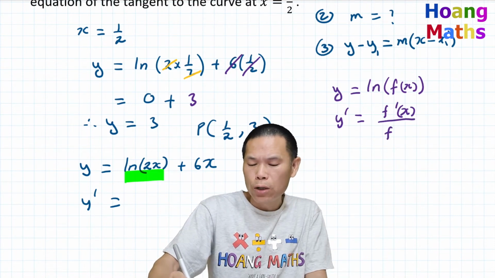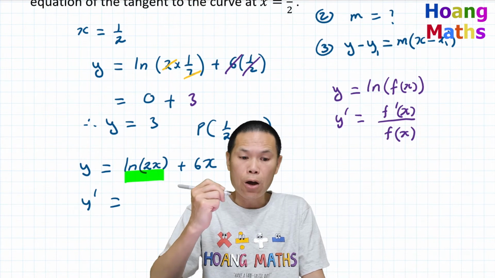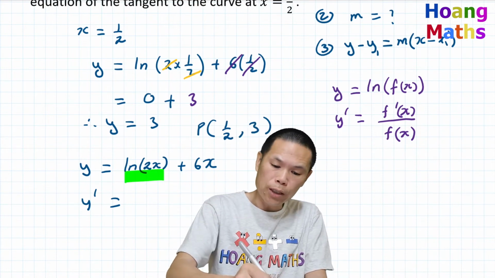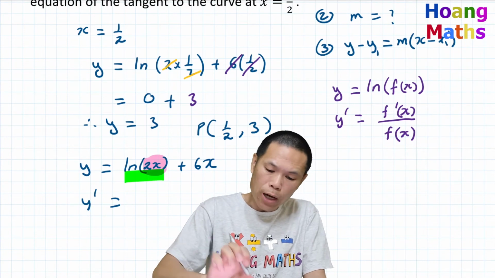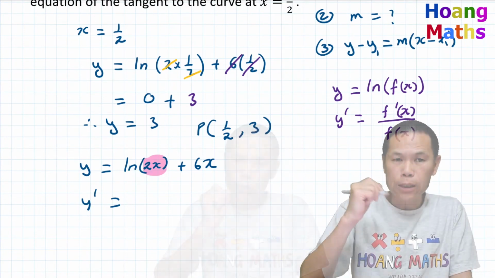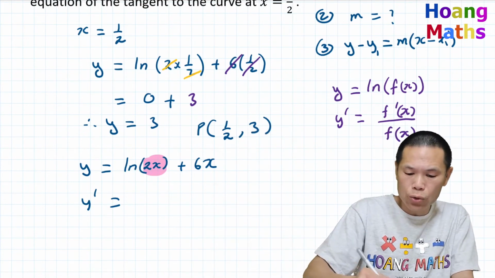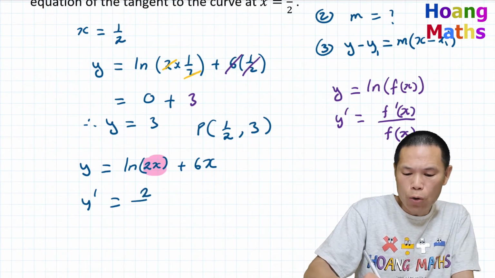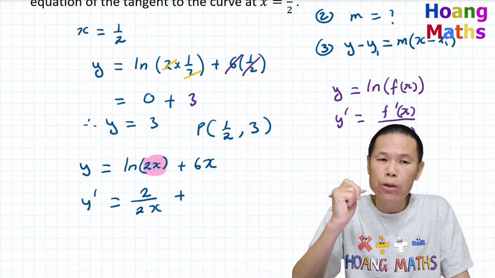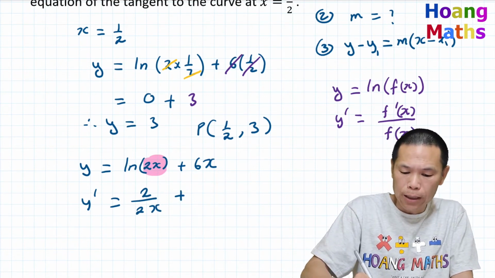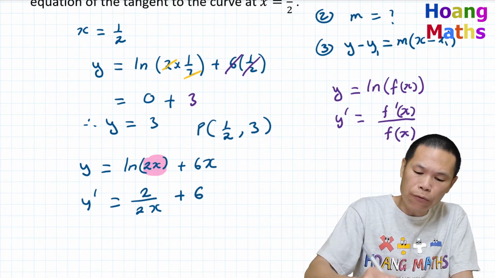That is the rule to differentiate a log. Now we know that f of x is 2x, so I differentiate 2x, and that gives me 2. So that means 2 over f of x, and f of x is 2x, okay? Keep that in mind. And we add, differentiate 6x, it gives me 6. So there you go.